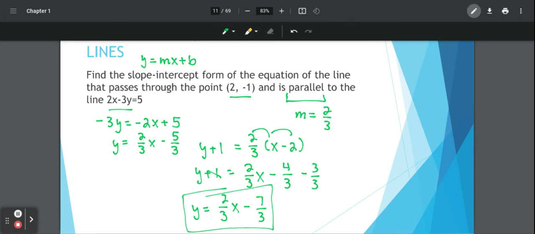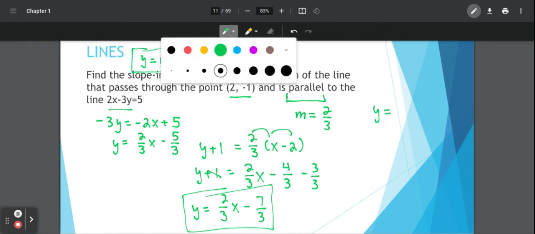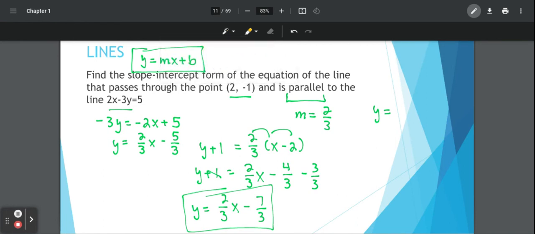Another way that you might want to approach it that maybe makes more sense to you is to use this form to start. So if we use y equals, let me switch to black, it's going to show up better. y equals 2/3 x plus b. You can solve for b using this point, where 2 is your x and -1 is your y.